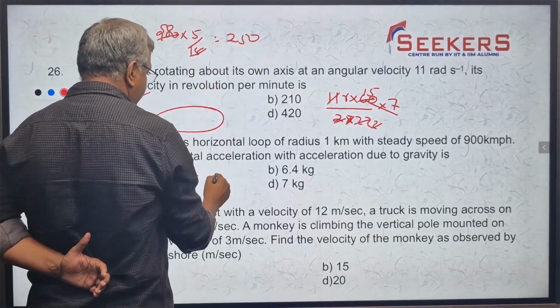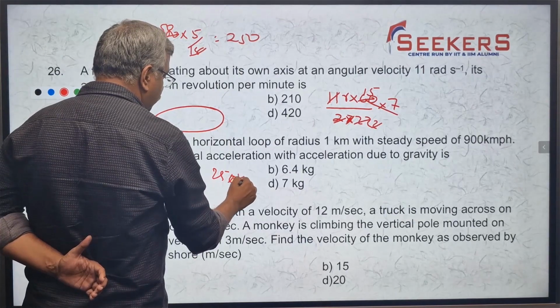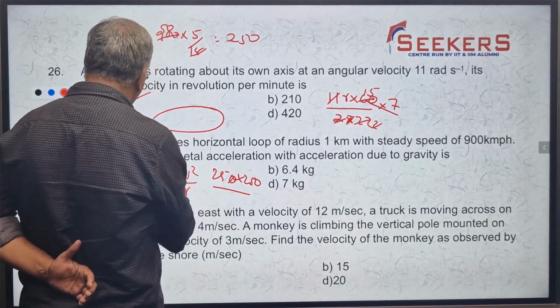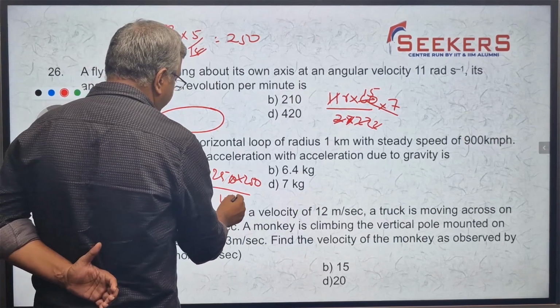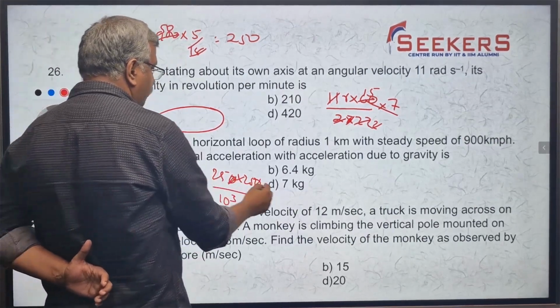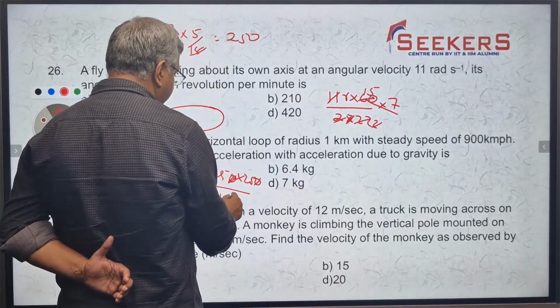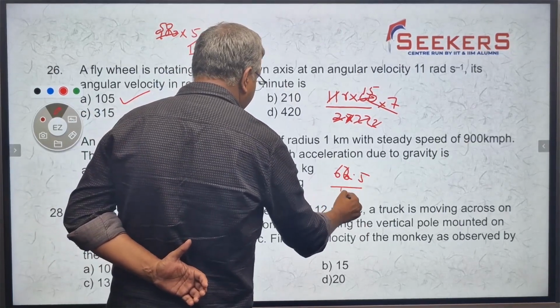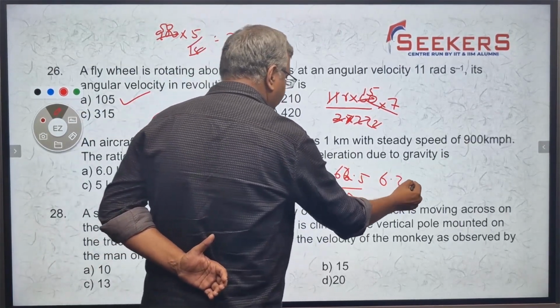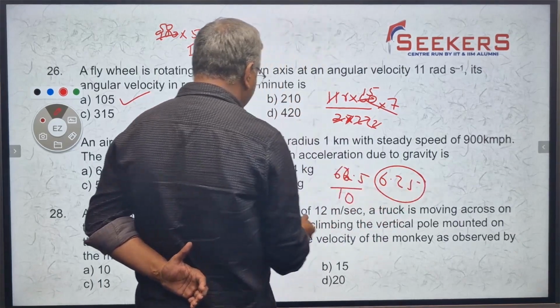So this is 250. So 250 into 250 divided by radius is 1 kilometer. So 10 power 3. So this is equal to 625, so 62.5. So 62.5 divided by 10. So that is 6.25. So the ratio is 6.25.